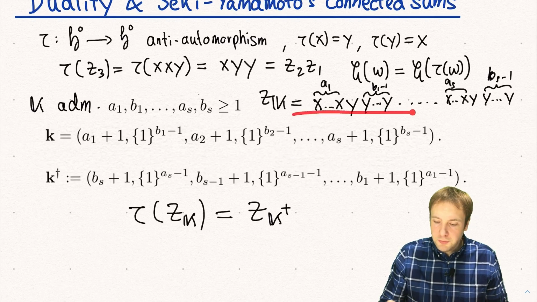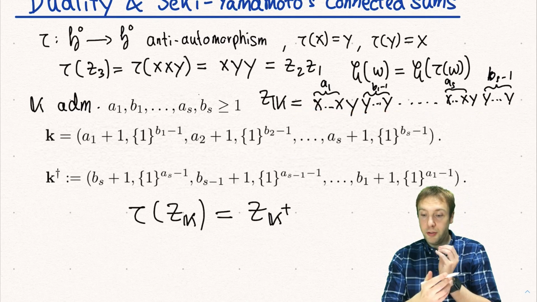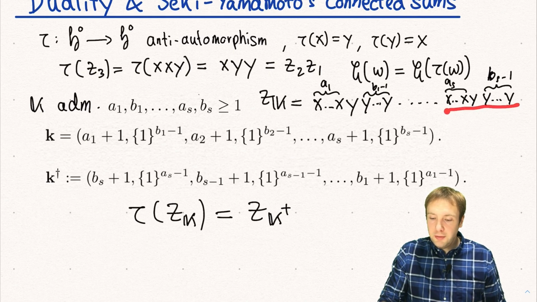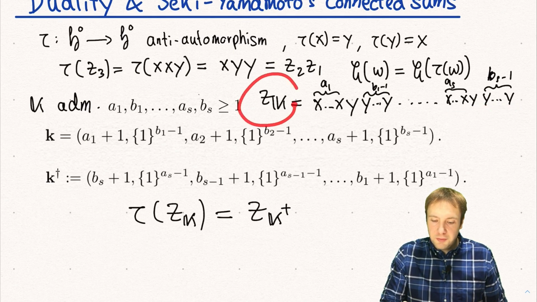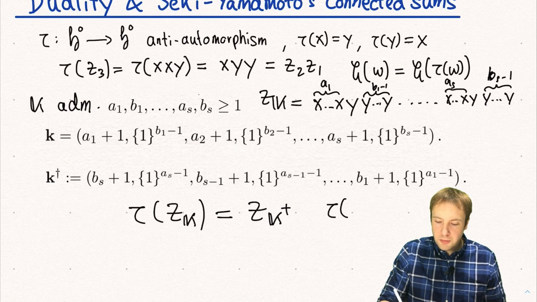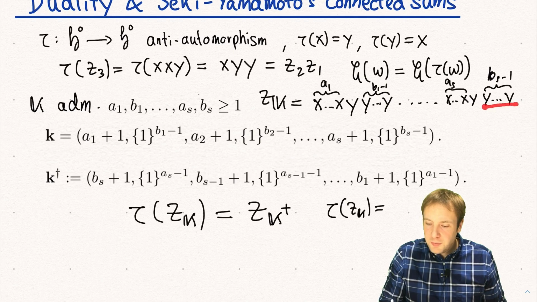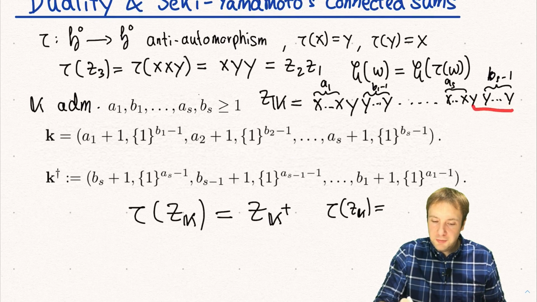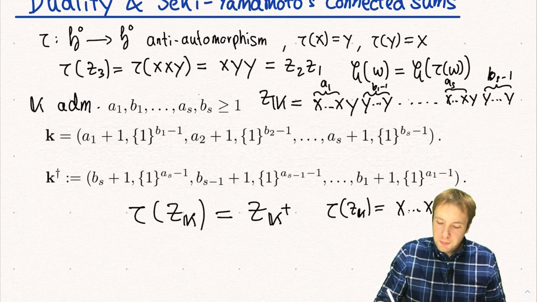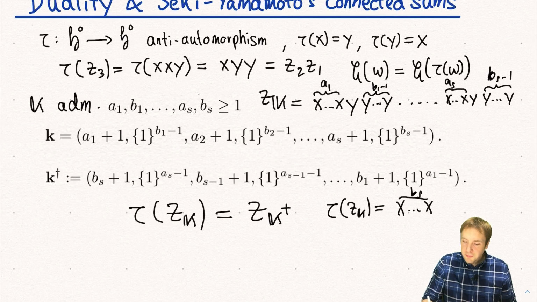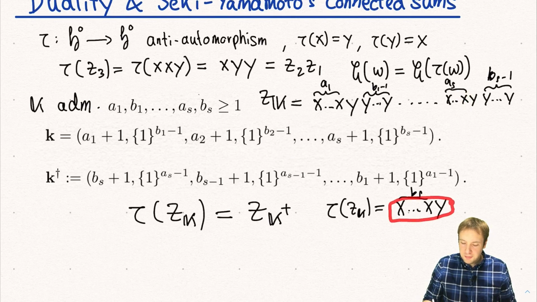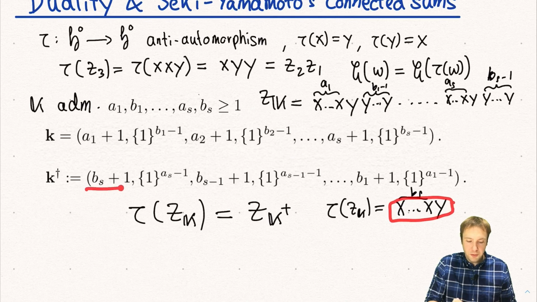If I apply tau to this, I need to reverse the word, and I need to interchange x and y's. So tau of this thing will start with x, x, x, x, x, bs minus 1, but this also gets an x, so I have exactly bs x's, and then the first x of this as becomes a y, so therefore the first index I get is bs plus 1.